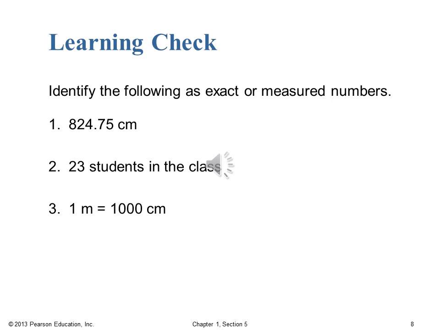Number 2, 23 students in the class. And number 3, 1 meter equals 1,000 centimeters. So for each of them, identify them as exact or measured. And for the measured number, you could even go ahead and figure out the number of significant figures. So either pause the video here, or if you're ready to move on, let's see how you did.